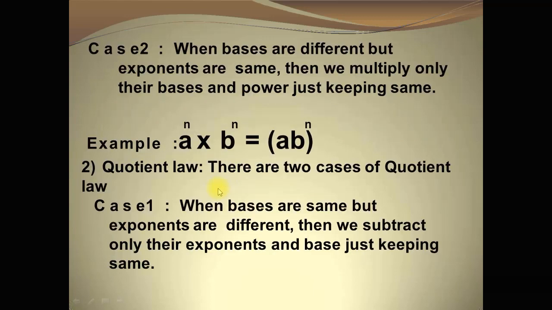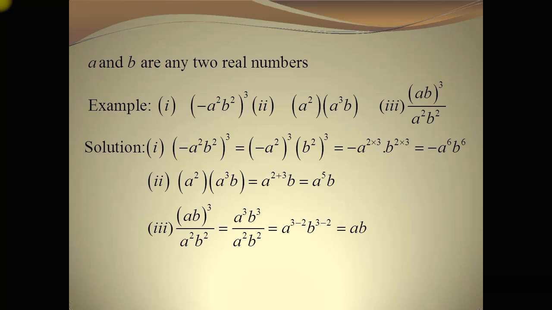So a square and a cube: the base stays the same and we add the powers. So we get a power 2 plus 3 into b, so a power 5 into b.